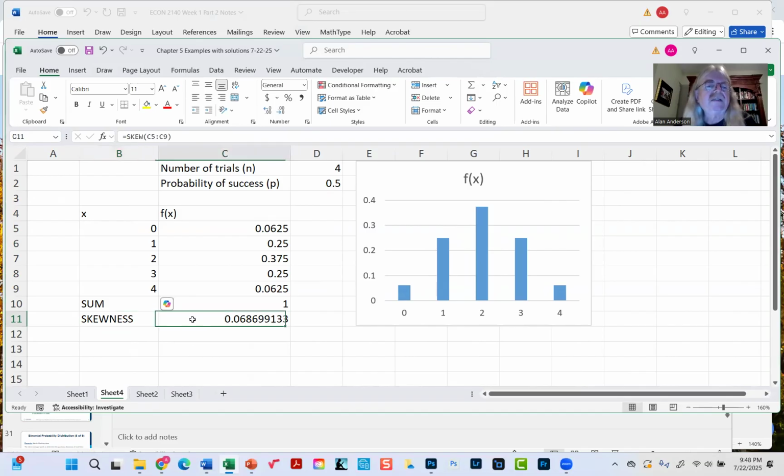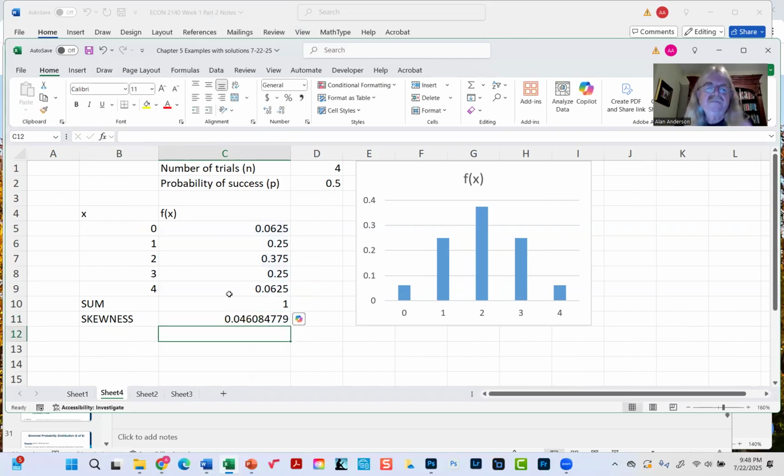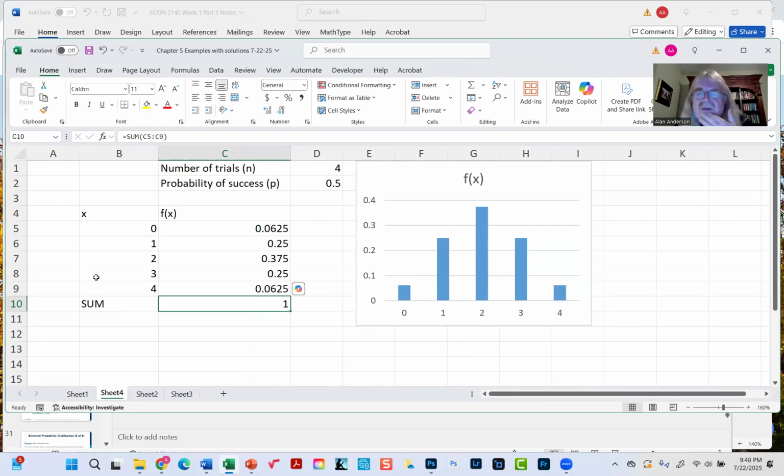Hold on one second. I think I did something wrong here. There it is. We'll get exactly 0. No, oh no. I guess it's not working the way I expected it to. So, all right, we don't need that.